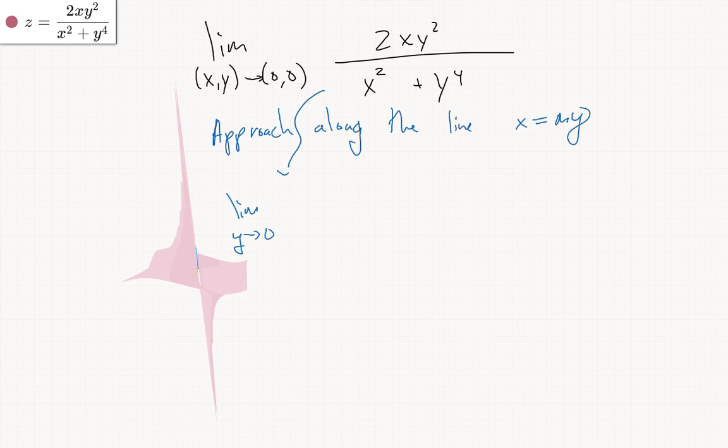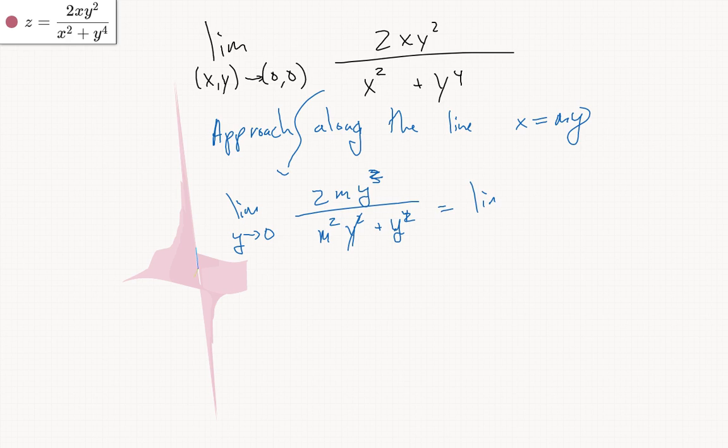the limit as y goes to 0 of 2my cubed over (m squared y squared plus y to the 4). So now we can cancel a y squared from the top and bottom.